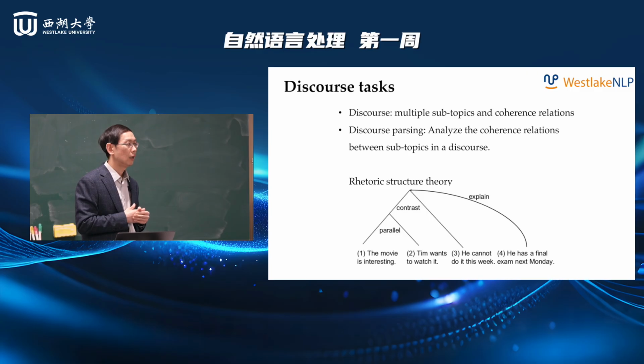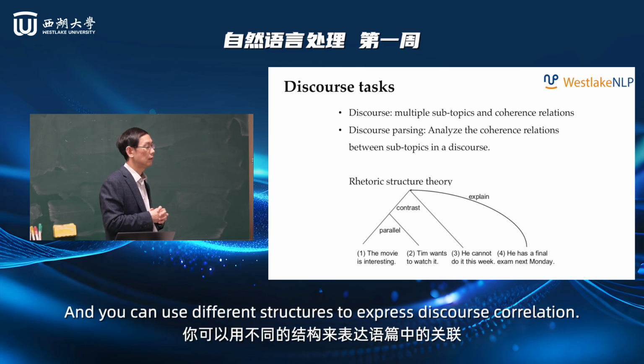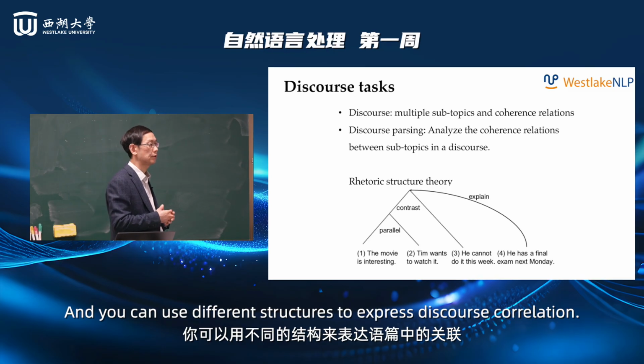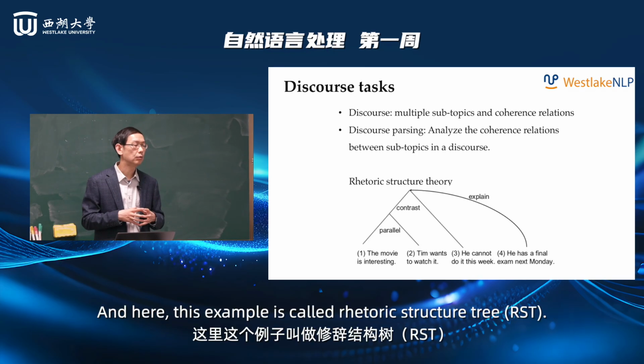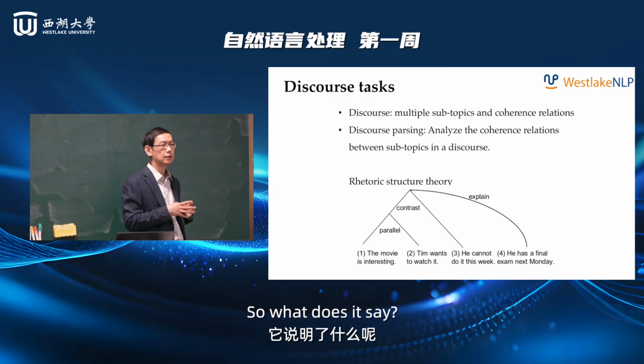Which I can segment into this picture. And a computational linguistics task is called discourse parsing. And you can use different structures to express the discourse correlations. Here, this example is called rhetoric structure tree, RST. So what does it say?